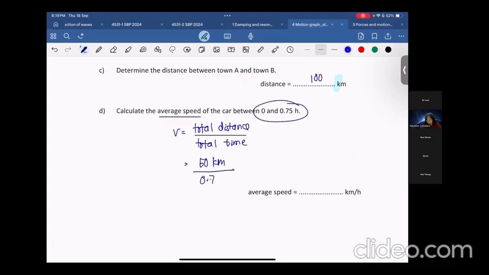Time is 0.75 hour. So our answer should be 67 kilometers per hour, two significant figures, 1, 2.